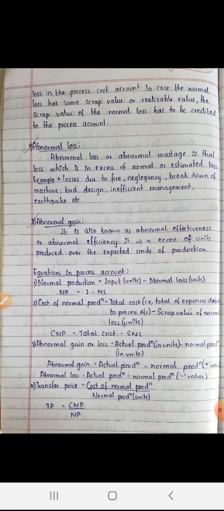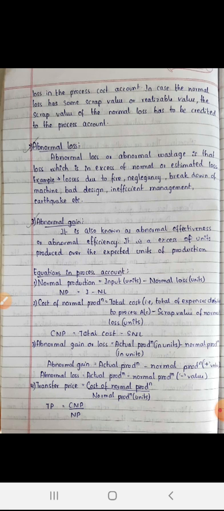Next one, abnormal gain or loss. Abnormal gain or loss is equal to actual production in units minus normal production in units. If there is a positive value, that is the abnormal gain. If there is a negative value, that is the abnormal loss.